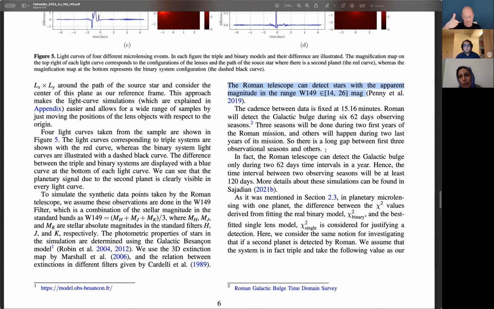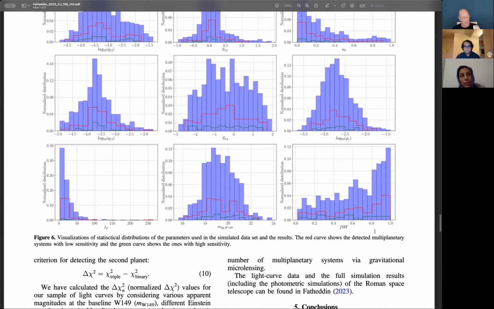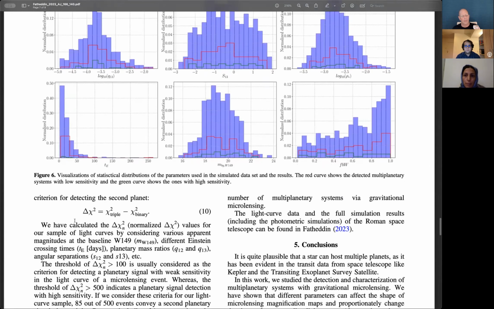After that, we consider some criteria: a chi-square between the real model and the model with 2 lenses, not triple lens, and the difference between their chi-square, to determine whether the effect of the third lens can be detected in this data or not.